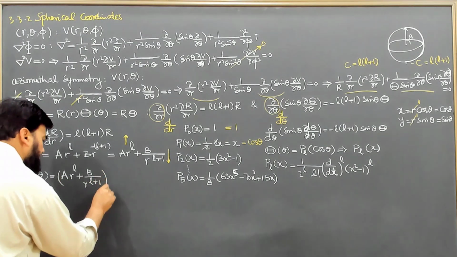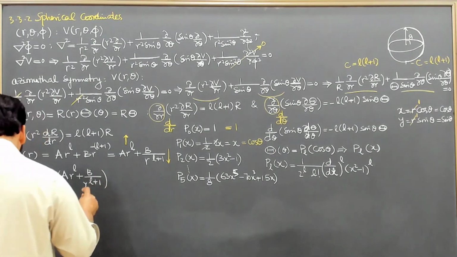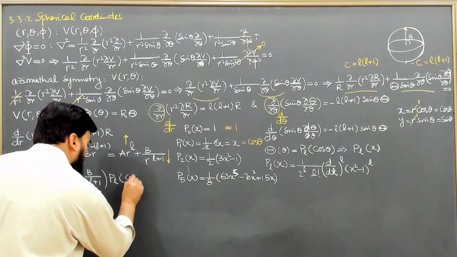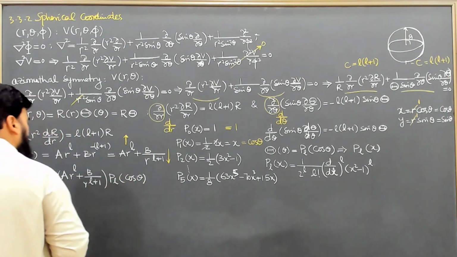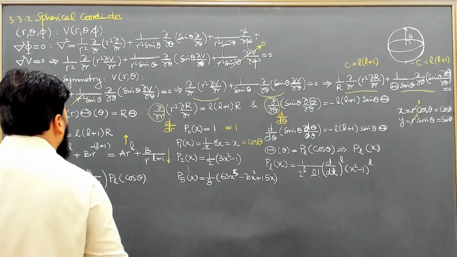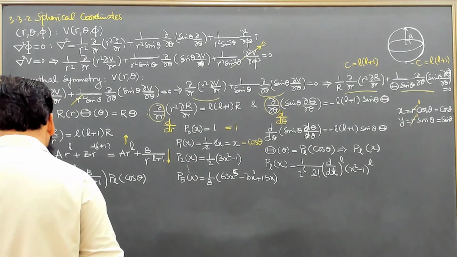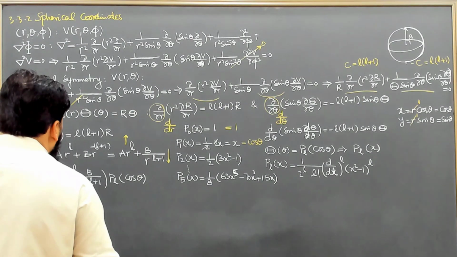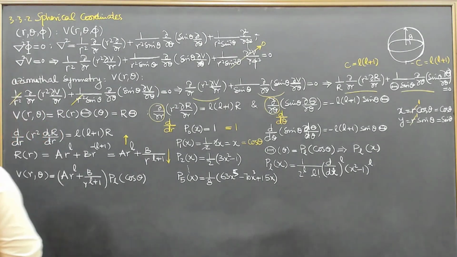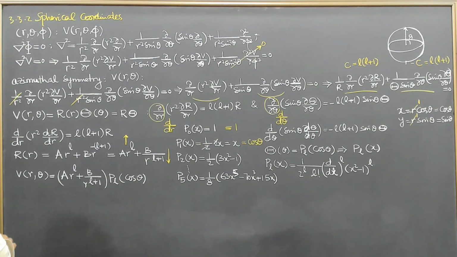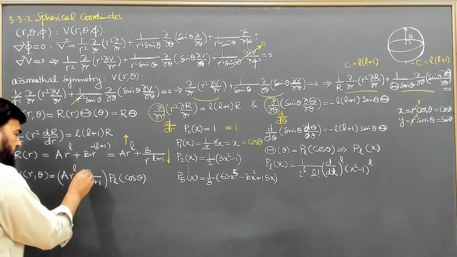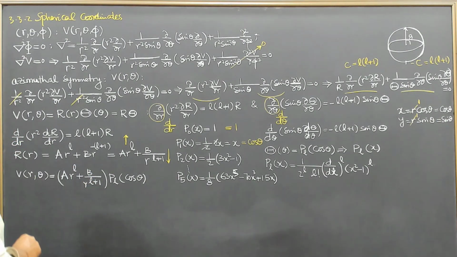This is the radial part solution, and then we are having PL of cos theta. This is the angular part, meaning only the theta part solution here. We have already considered the azimuthal symmetry. Now we will have to determine in this solution the constants a and b, and then we will be able to go towards the solution.